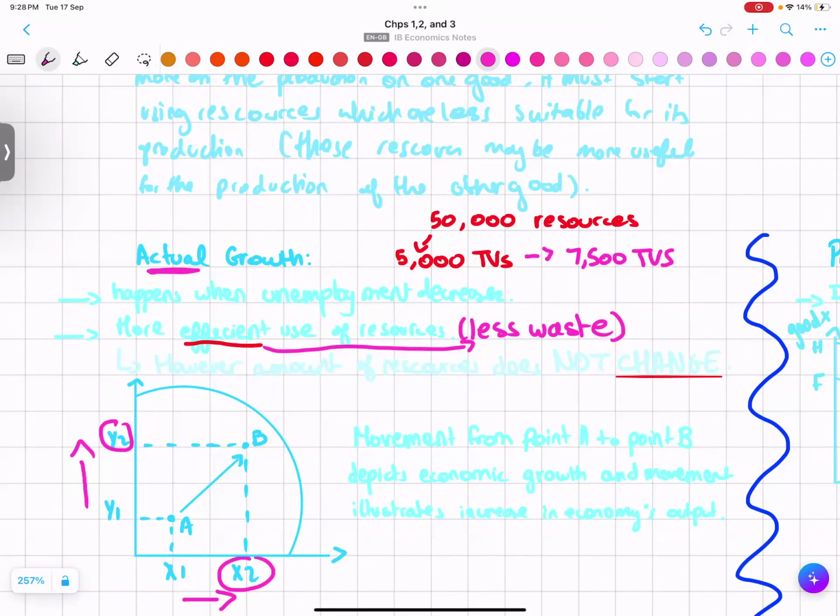The movement from point A to point B depicts economic growth, and the movement illustrates an increase in the economy's output, the output that the economy is producing. So this is for actual growth.